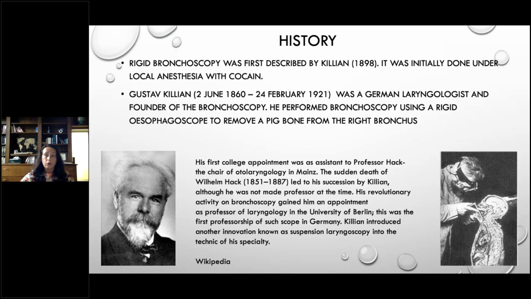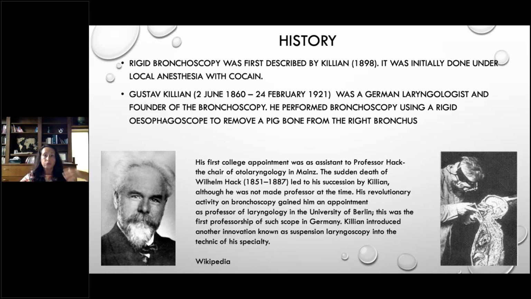Kirstein was the founder of laryngoscopy, but as the tool developed further, people decided to go further and further into the bronchial tree. Gustav Killian was the first one who performed and described a rigid bronchoscopy, also performed under cocaine anesthesia.